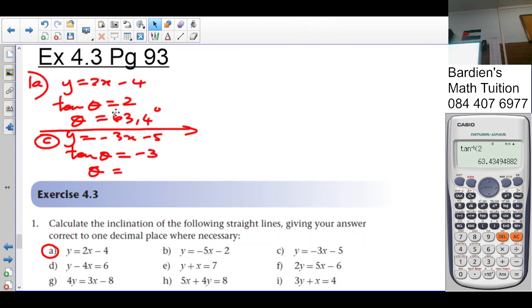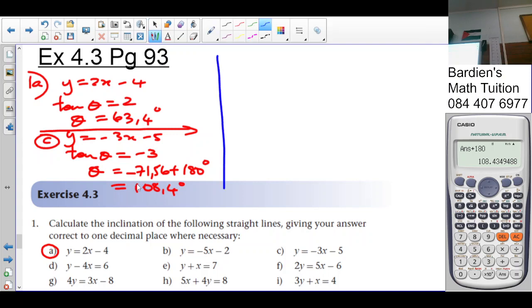Arctan of negative 3 gives us negative 71,56. So we add 180, because the angle is obtuse. Plus 180 gives us 108,4, or 108,4 degrees. Okay.